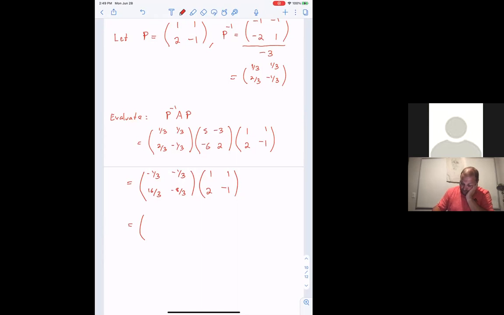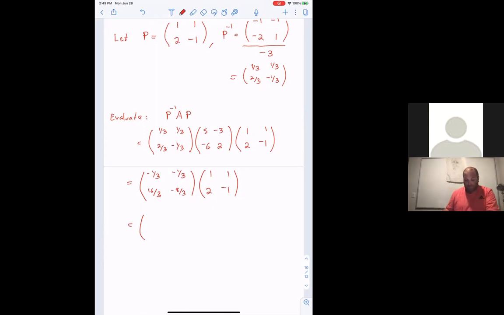And then multiply that by A, which is negative 1/3, negative 1/3, 16/3, negative 8/3. And then multiply it by the last one. So negative 1/3.